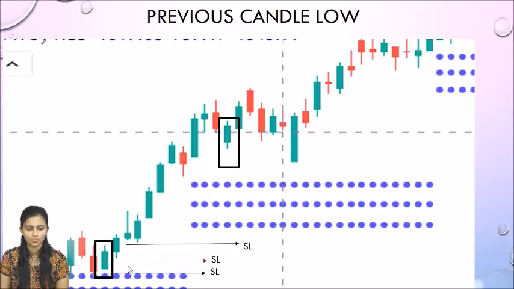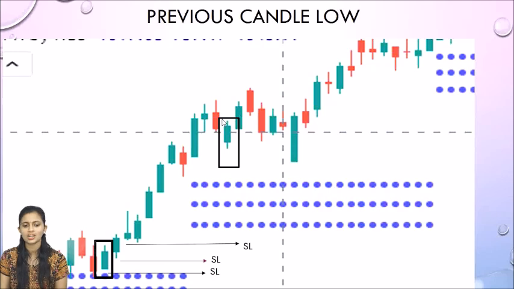That is, your stop loss will be the next day candle low. Again, once this third day gets completed, you will trail the stop loss to this low. Similarly, you will go on trailing every day, and you can see here the candle breaks the previous day low, right? Your stop loss will be here and this candle will break this candle.